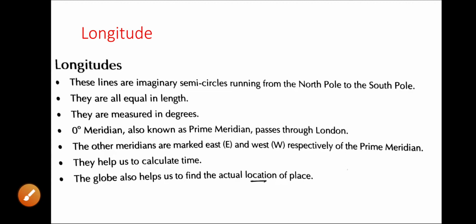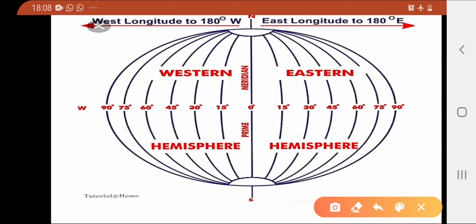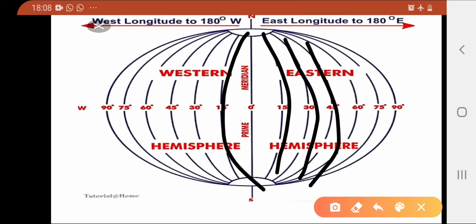Then moving further to longitudes. What are longitudes? As you can see over here, children, they are imaginary semicircular lines which run from the North Pole to the South Pole. These semicircle lines are known as longitudes and they are equal in length.